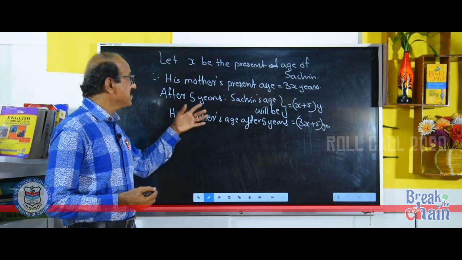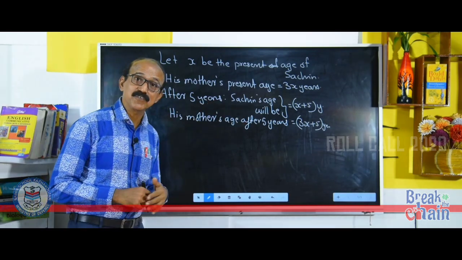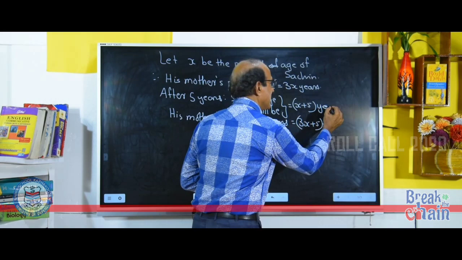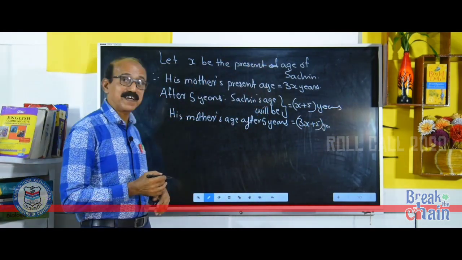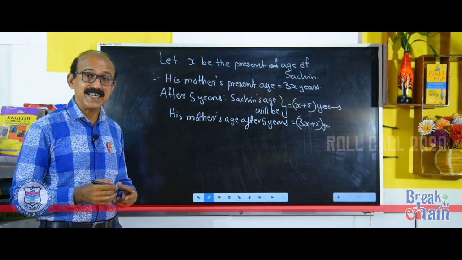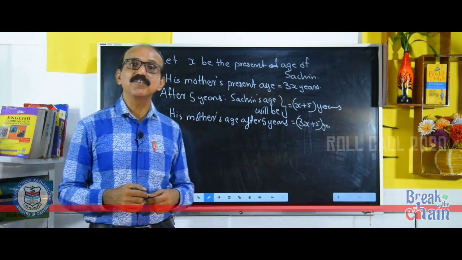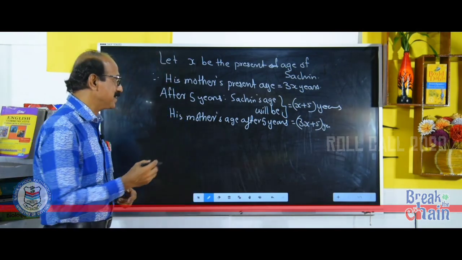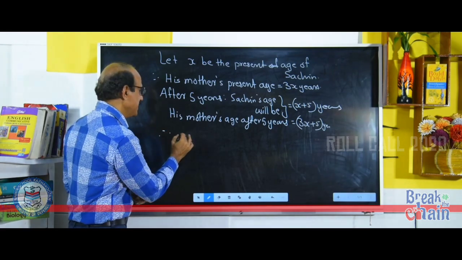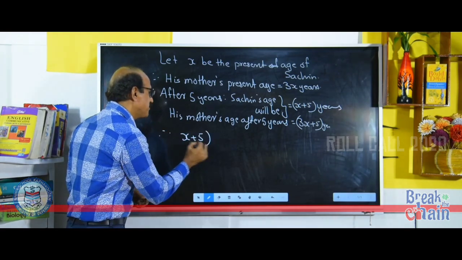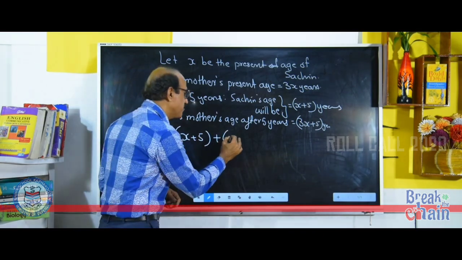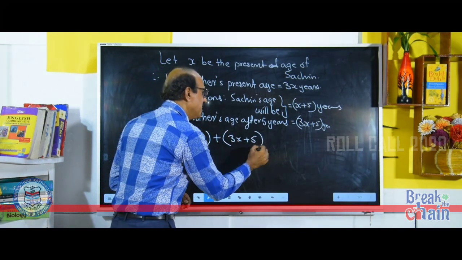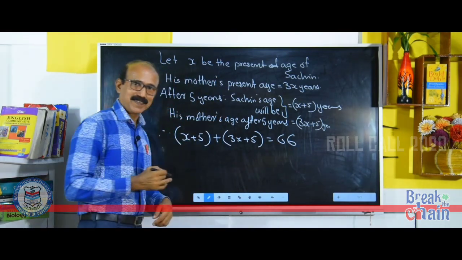So, after 5 years Sachin's age will be x plus 5 years, and after 5 years his mother's age will be 3x plus 5 years. But it is given that the sum of ages after 5 years equals 66. Therefore, Sachin's age after 5 years plus his mother's age after 5 years equals 66.